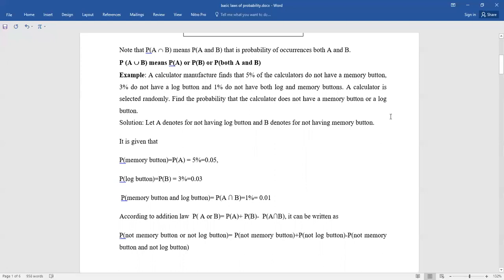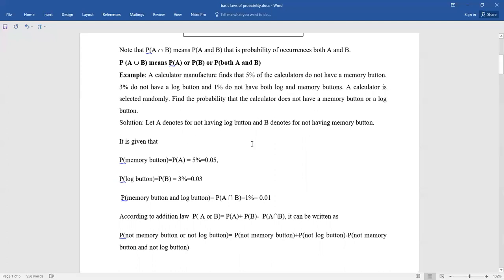A calculator is selected. What is the probability that the calculator does not have a memory button or a log button? This is the question: the calculator does not have a memory button or a log button, so you have to use the addition law.